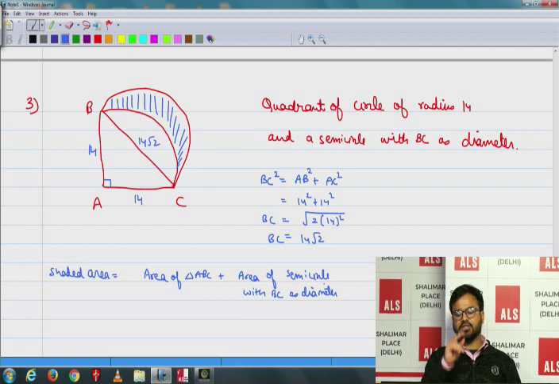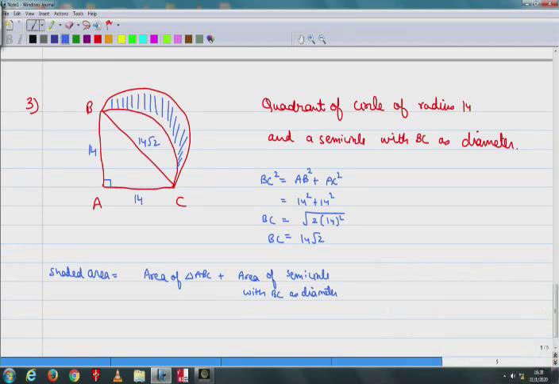If we add these two, area of triangle ABC and the area of the semicircle with BC as diameter, we are adding all that entire area. Now from this summation, if we subtract area of quadrant ABC, then we will be left with the area of the shaded region.